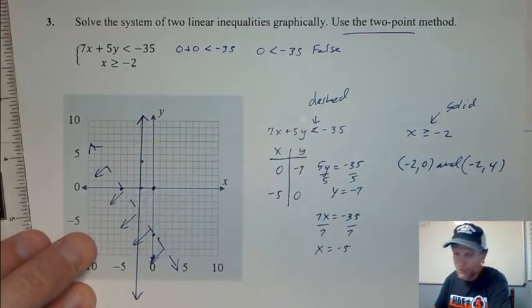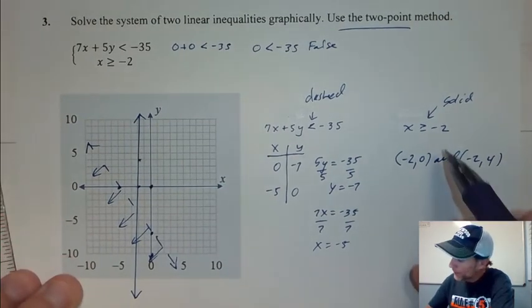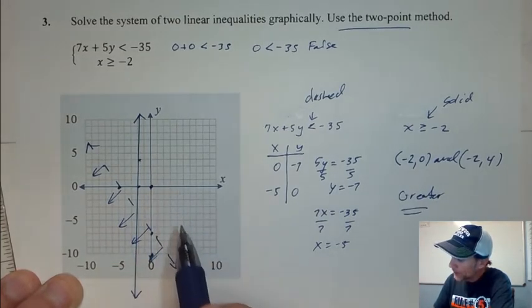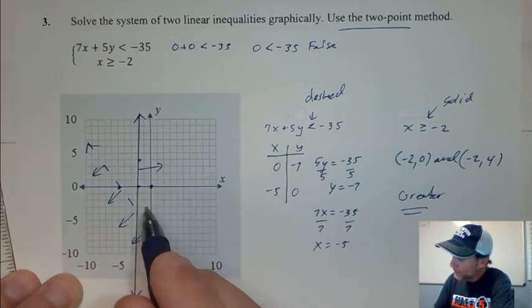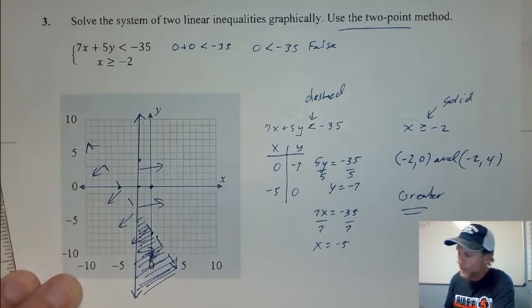You could do it if you'd like. So I've got the solid line in there. And where is greater than, okay? Greater is to the right of this line, okay? So greater than is this way, and what ends up happening is the intersection is right here, okay?